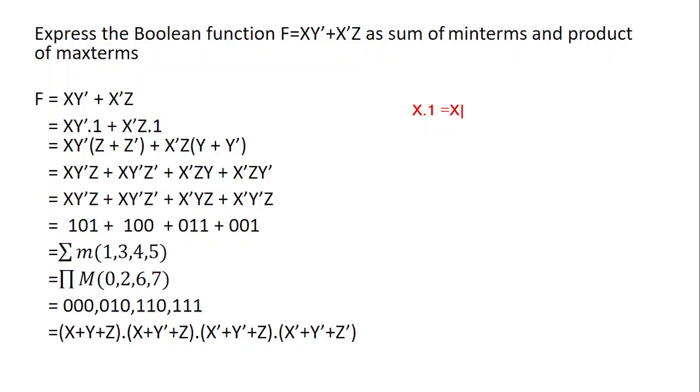X dot 1 or 1 dot x, it is one and the same. This is the commutative law, you know very well. If you take x first or 1 first, all of them will give you the answer x itself. So x dot 1 is x itself.